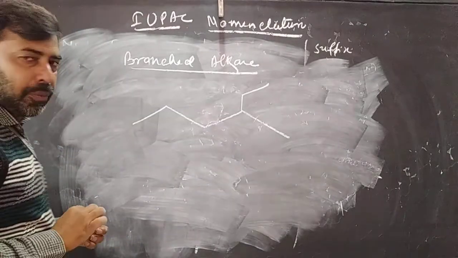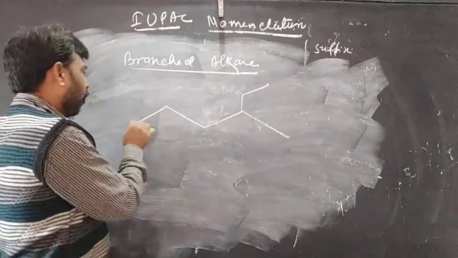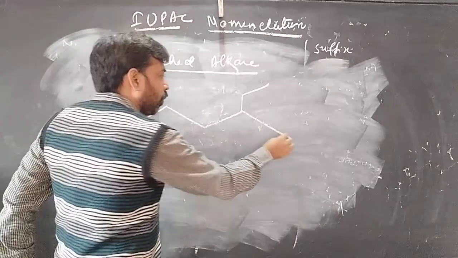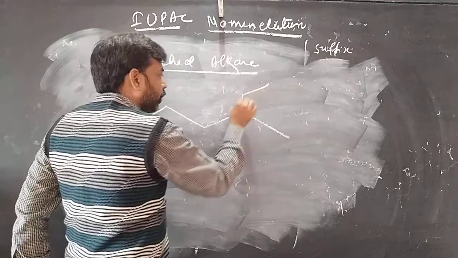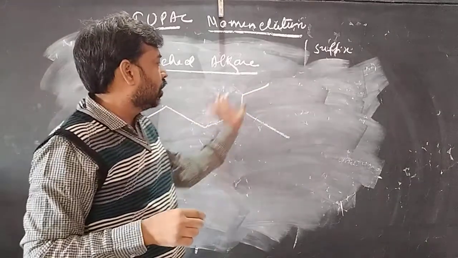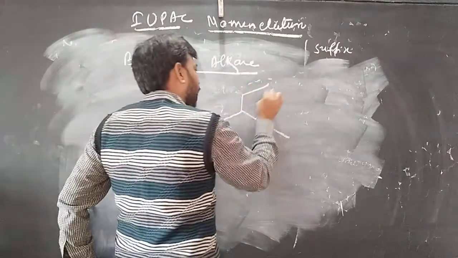Now see this compound. Which is the main chain? Then 1 2 3 4 5 carbon atoms, 1 2 3 4 carbon atoms, and 1 2 3 4 5 and 6 carbon atoms. So this is the longest chain. So I am just marking it.